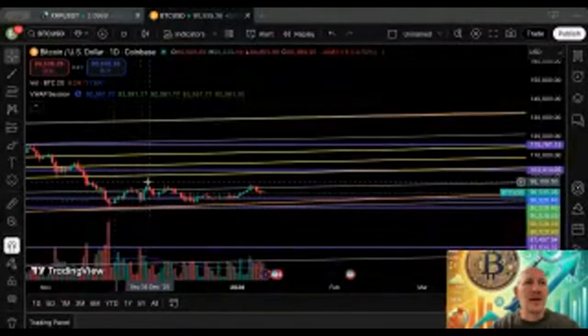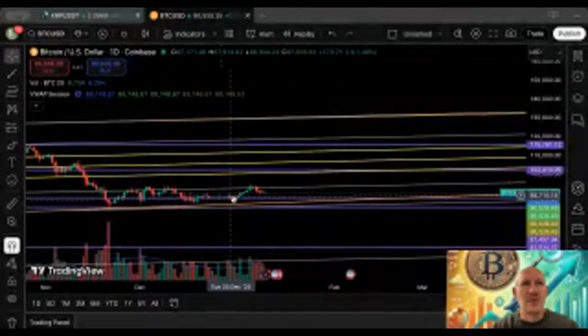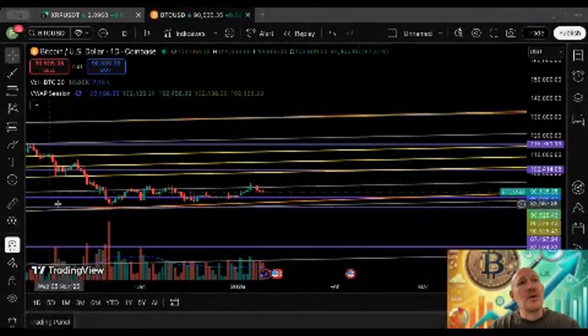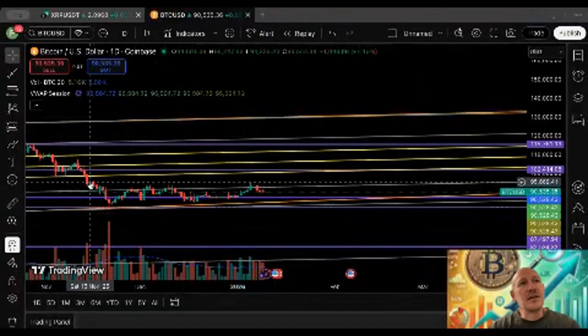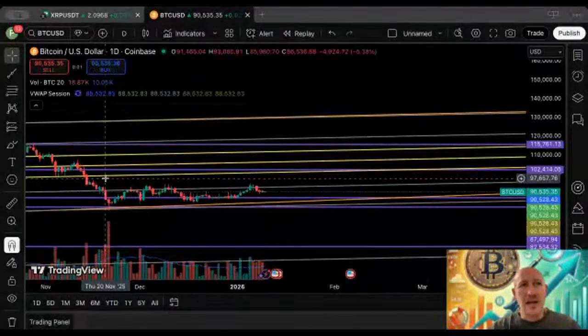Drop below it, came back up. Didn't even drop below it, held support right on it. Drop below it, came up, and then just rode the line. So basically, we're going sideways, slightly higher, but mostly sideways.